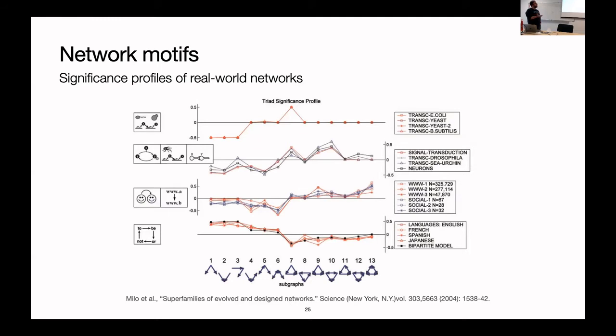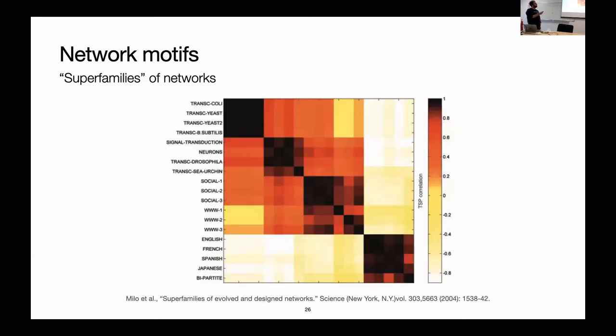For example, the first are from the biological domain, then we have social, from sociology, or the internet or language networks. These significance profiles are just a collection of the delta i for every motif, and we can notice that these profiles tend to be really correlated for networks within the same domain, while networks from different domains tend not to be that correlated. In fact, if we plot the correlation matrix of the networks, we see that some clusters emerge, and these clusters represent the domain of the data.